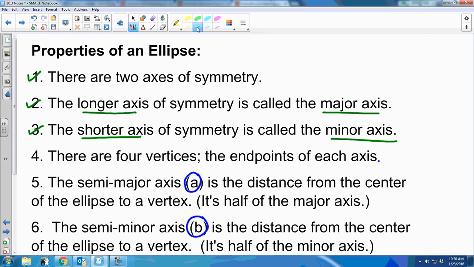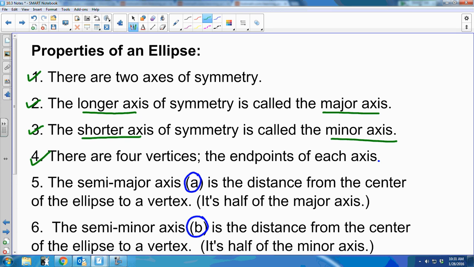There are 4 vertices, the endpoints of each axis. It's the topmost point, the bottommost point, the leftmost point, and the rightmost point each time. So there are 4 vertices.